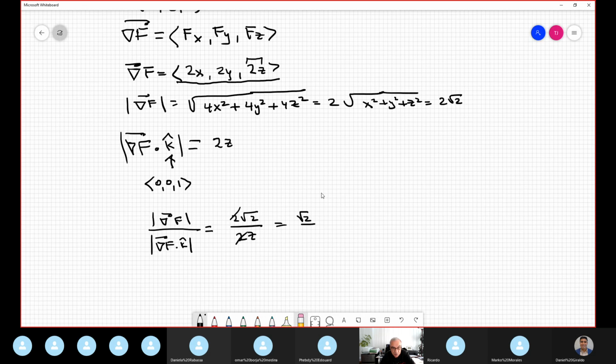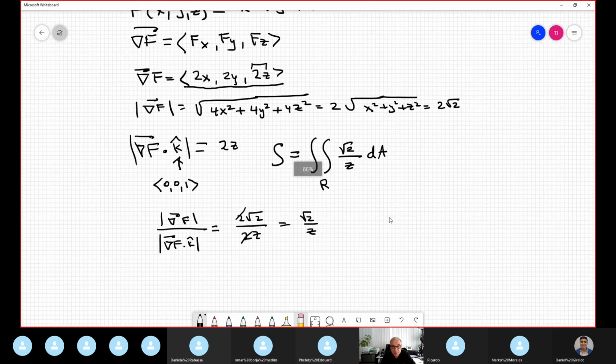It's radical 2 over z. And this is the integrand that I plug in. So the surface area is equal to the double integral in the region R. Okay, I have no idea what the region R is so far, but I know that the integrand is radical 2 over z dA. So you transform the surface area into one double integral.